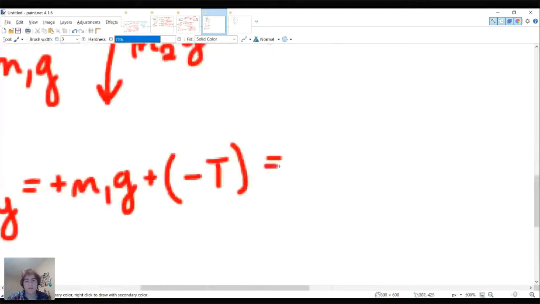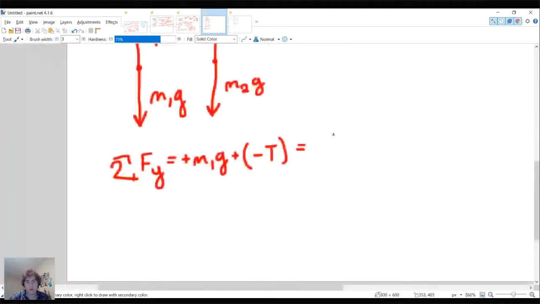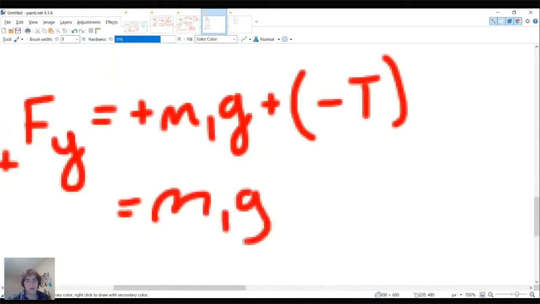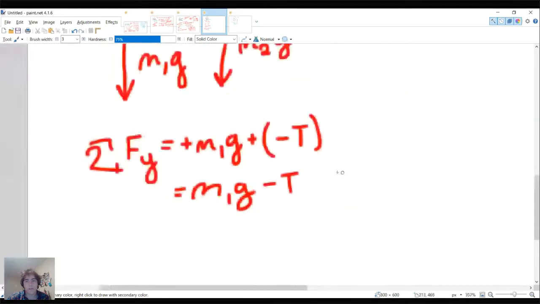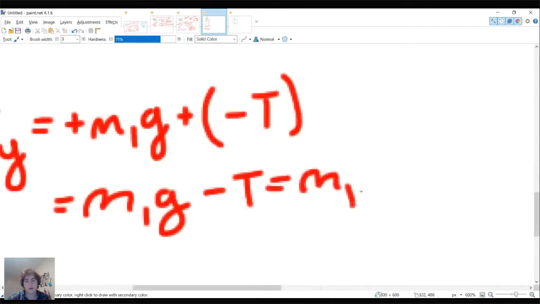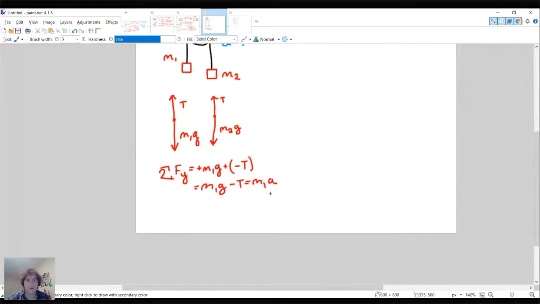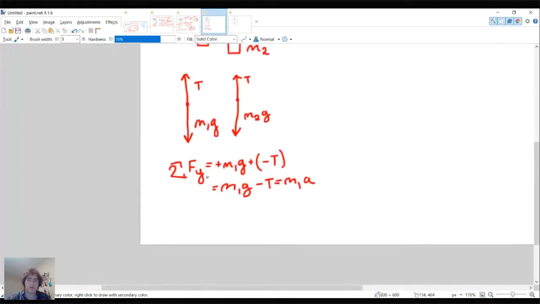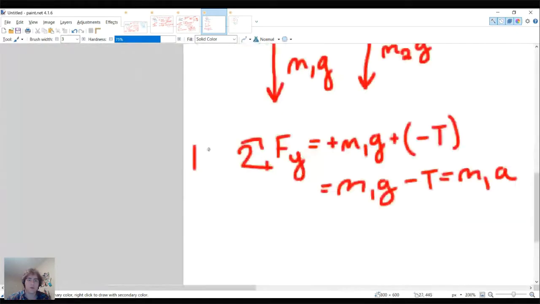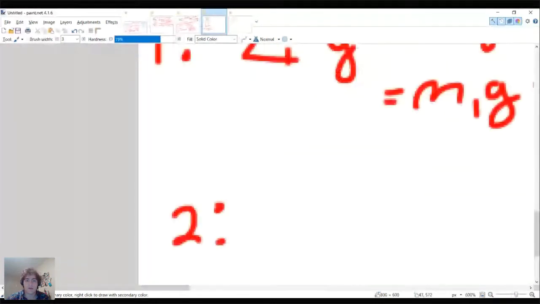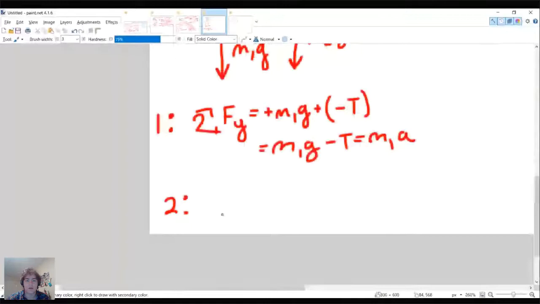So we now have M1g minus T is equal to M1a. And that's really all we can do with that equation, honestly. We're going to do the same thing. We're going to label this mass 1. And for mass 2, in the same case, we have to be careful with what's positive and what's negative.